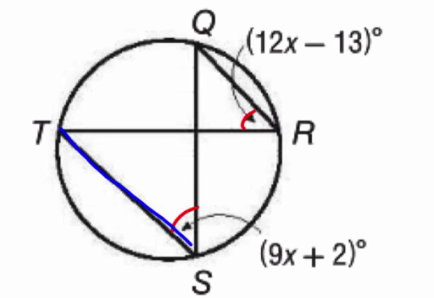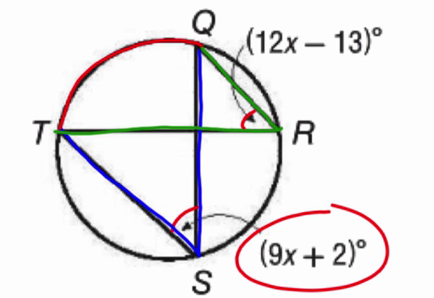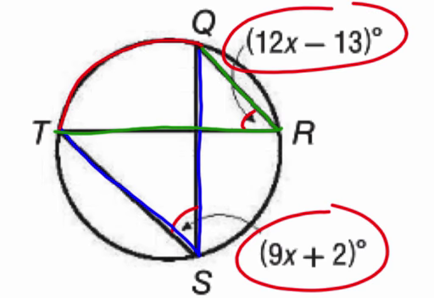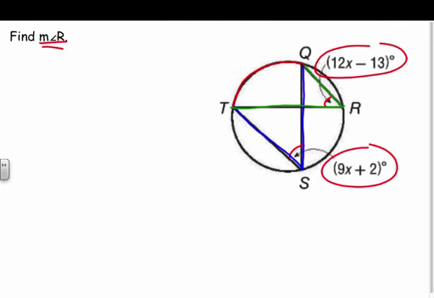So if I look here, here's this angle, and here's the other angle. And if you notice, they intercept the same arc. So what can I do with these two expressions here? If they intercept the same arc, we know that they have to be equal. So I could set 9x plus 2 equal to 12x minus 13. And then just go through our algebra and solve. So I'm going to get my x to one side, so I'm going to subtract 9x from both sides.